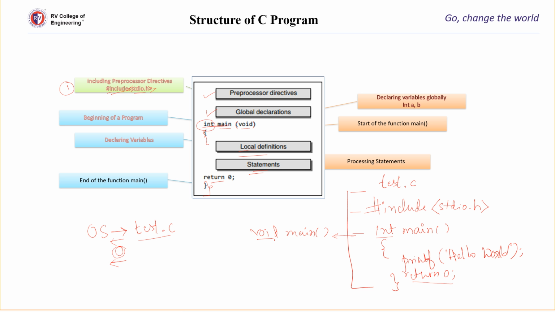Now if the test.c has been coded as void main, it means this particular program returns nothing to the operating system. Once it terminates, the operating system takes back the resources that are allocated to this program and finishes its execution, right?